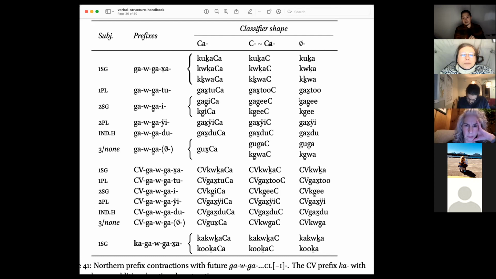Gagicha. These two are both second person, guggi and kuki. They follow the same rule as this one, where it should be guggi, unless there's a vowel that's going to push it to change, to contract, right? Gachicha, you're gonna eat it. Or y'all are gonna.